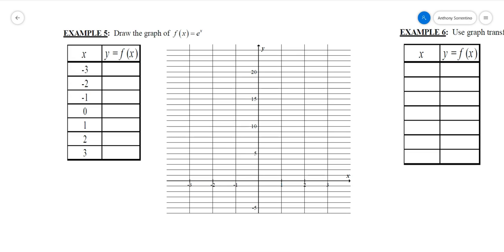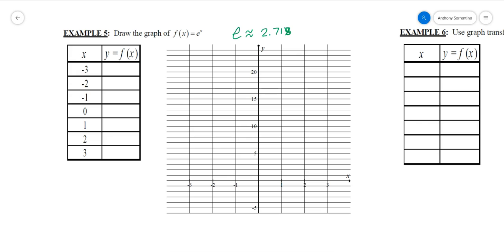So for the sake of our exercise, I'm going to work under the assumption that e is approximately equal to 2.718, which is good enough.